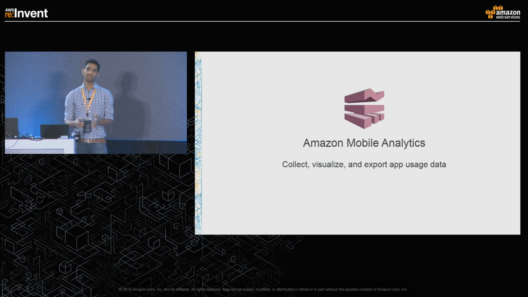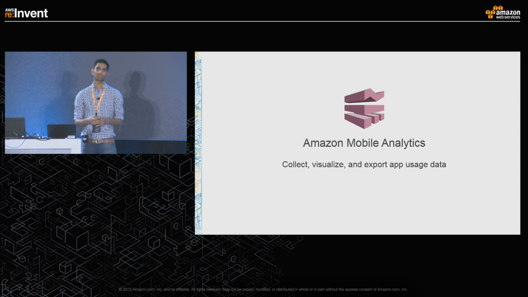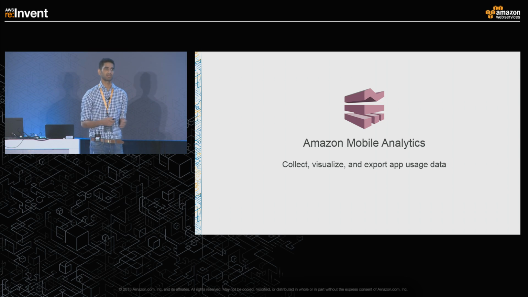We built this service to scale along with your app and help you collect events that you really care about at scale. Once you integrate the Amazon Mobile Analytics SDK into your app, you could start immediately collecting events around how customers are engaged with your app, how customers are spending in your app, retention metrics, and custom event metrics which are very unique to your app.